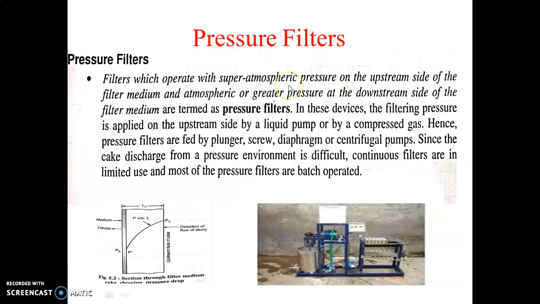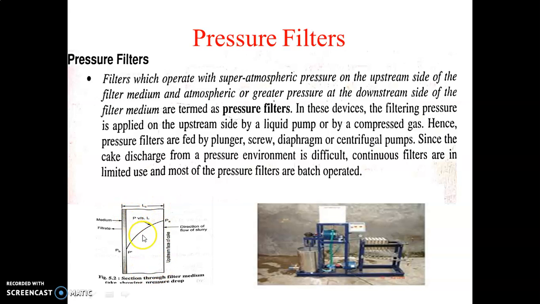So if you operate the filters above atmospheric pressure, suppose 1.5 atmospheric pressure or 2 atmospheric pressure on the upstream side of the filter medium. So what is meant by this upstream side? This is the filter medium and this side is called the upstream side of the filter. Here the cake is deposited.